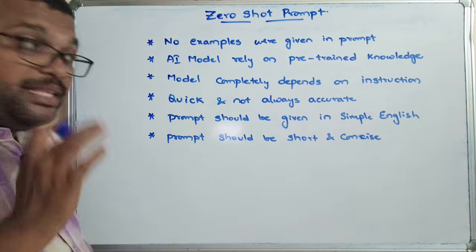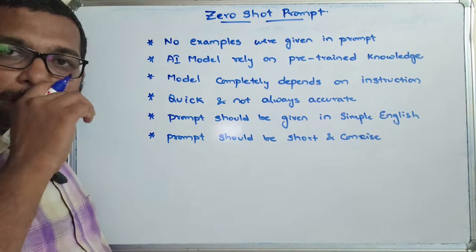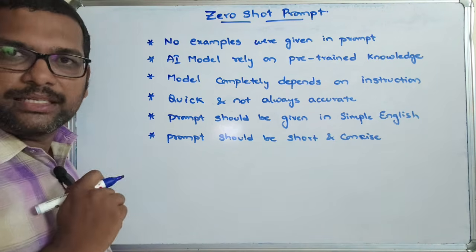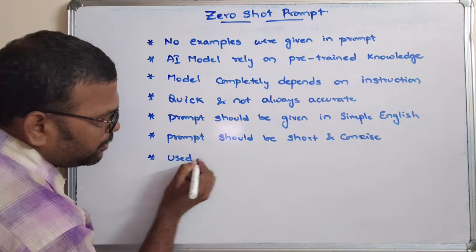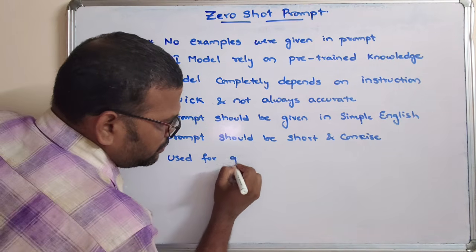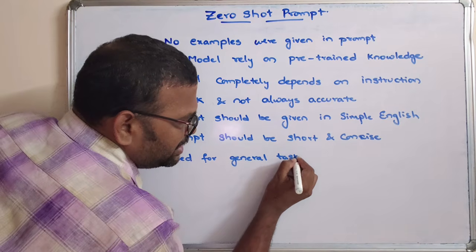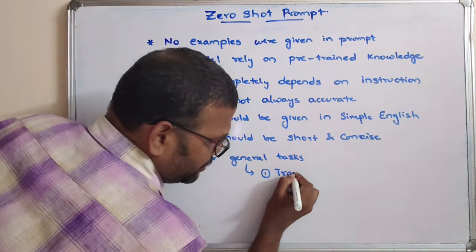Okay, and zero shot prompts are used for general purpose tasks. So what are these general tasks? The first one, translation.